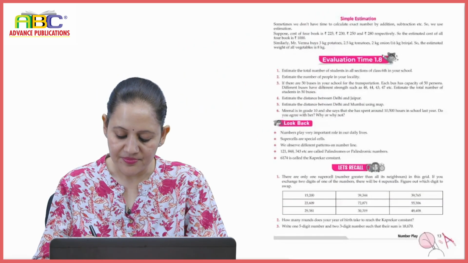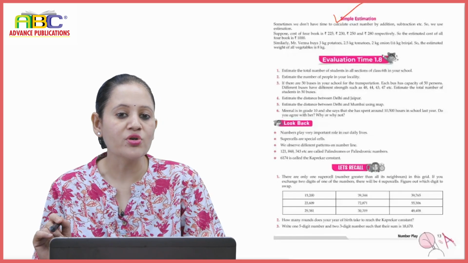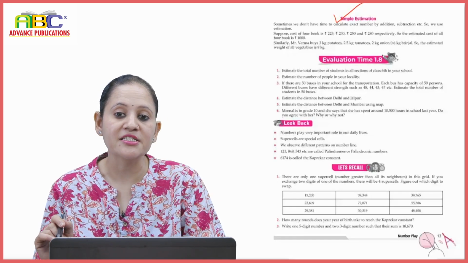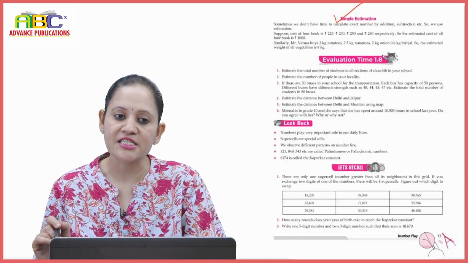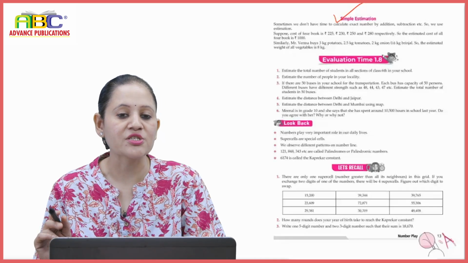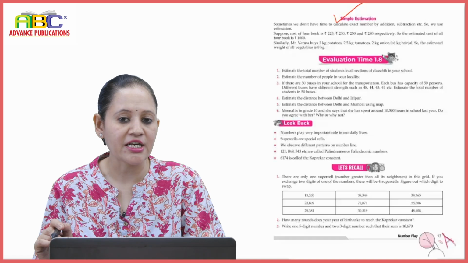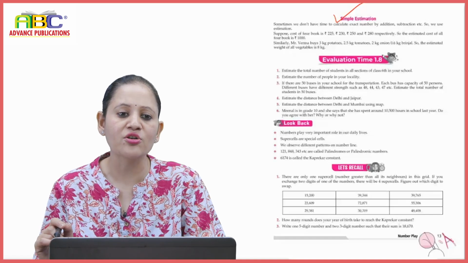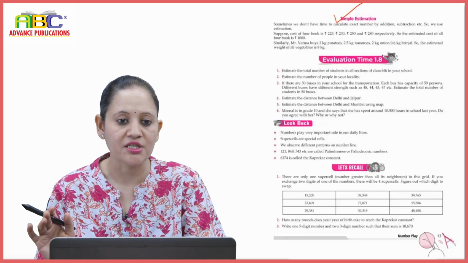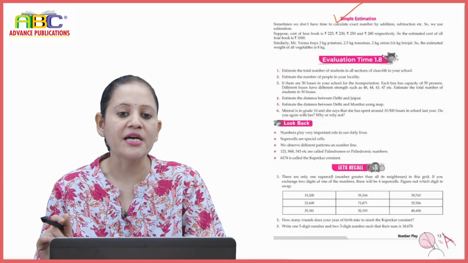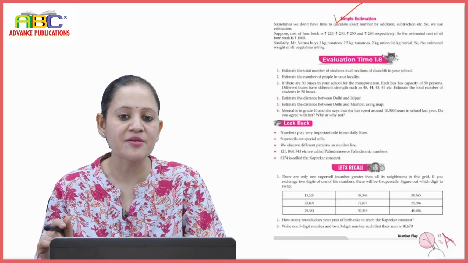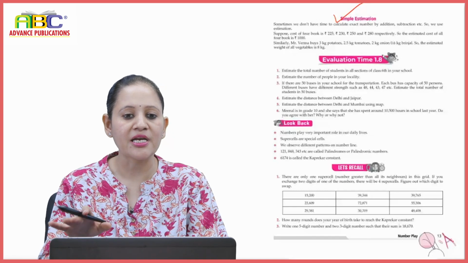Next, simple estimation. Sometimes we don't have time to calculate the exact number by addition or subtraction, so we use estimation. Suppose the cost of 4 books is 225 rupees, 230 rupees, 250 rupees and 280 rupees respectively. So the estimated cost for all 4 books is 1000. Similarly, Mr. Verma buys 3 kg potatoes, 2.5 kg tomatoes, 2 kg onion, 0.6 kg brinjal. So the estimated weight of the vegetables is 8 kg.